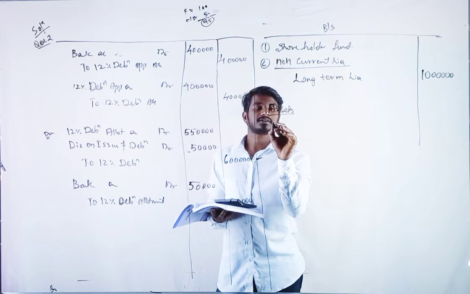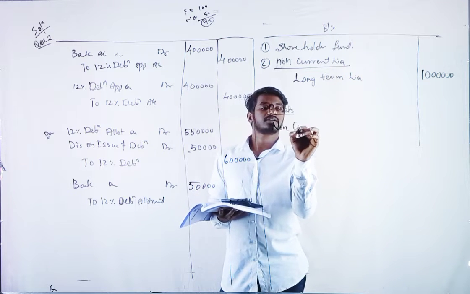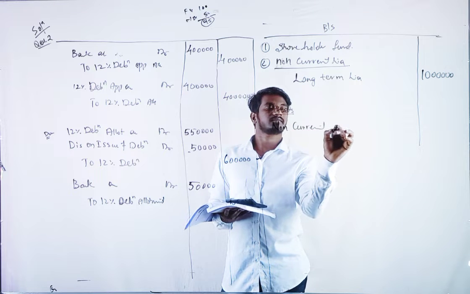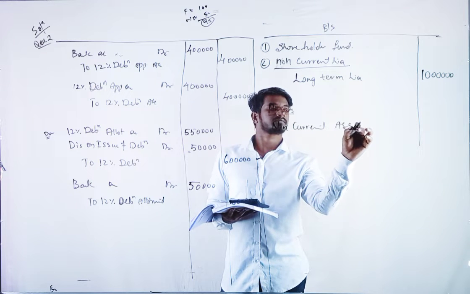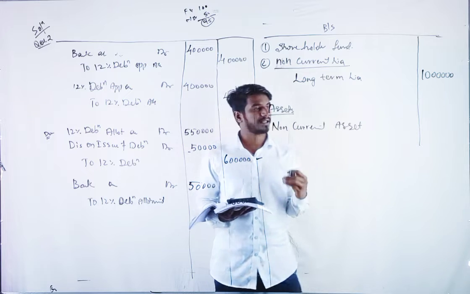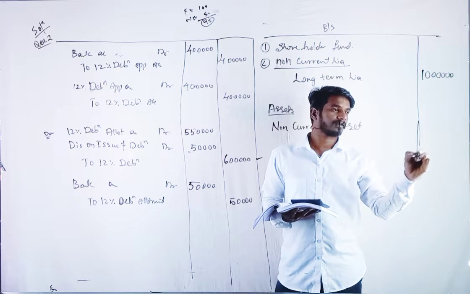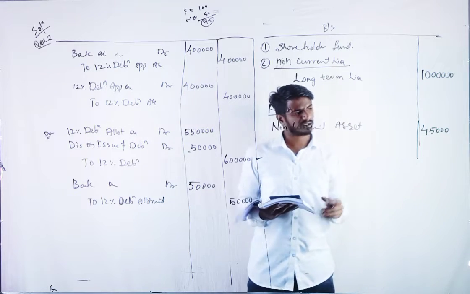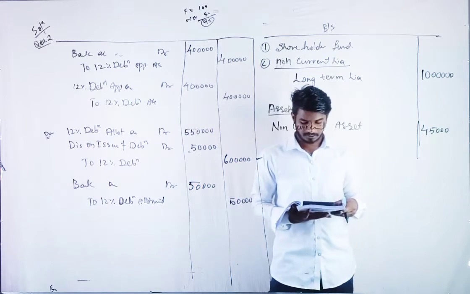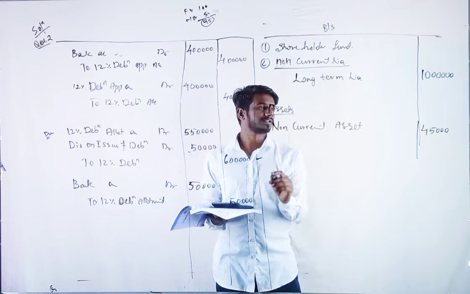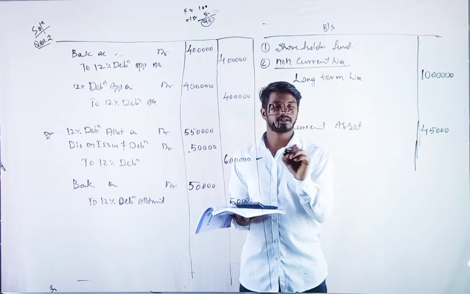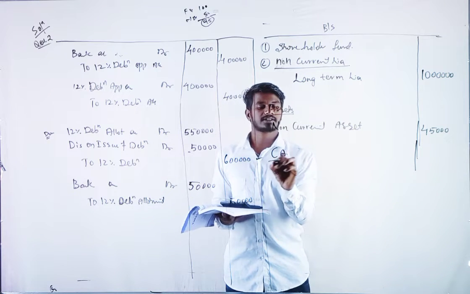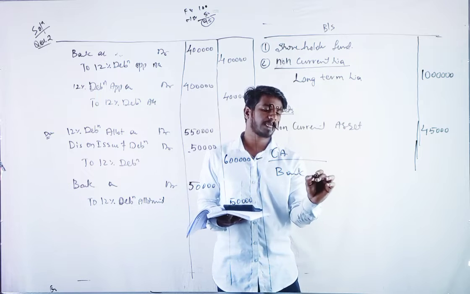And in the assets, non-current asset, rupees 45,000. Sir, one second. How will you calculate that? Let me explain. First, I will write it, then I will explain. In the current asset, we show bank.